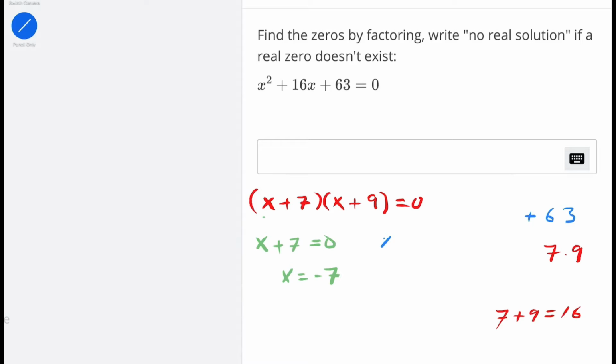And we have x plus 9 equals 0, which means x equals negative 9. Alright, so the answer is x equals negative 7 or x equals negative 9.